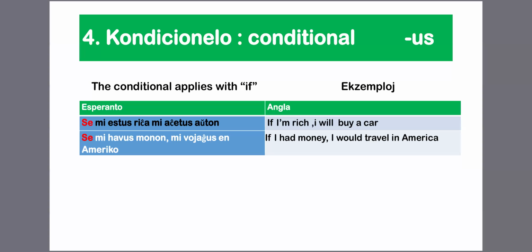No matter which verb I'm using, I'm only putting US. You can see I use two verbs, the verb esti and the verb aĉeti. Aĉeti is to buy, and esti is the verb to be. But I start with the if clause to show you that this is a condition.